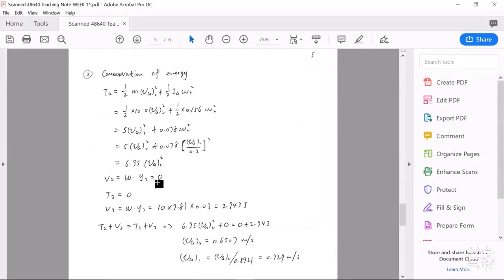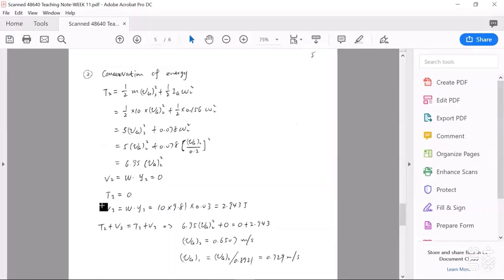Because the datum is set along the mass center point G when the wheel is in state 2, Y2 should be 0. So the potential energy in state 2 should be 0.